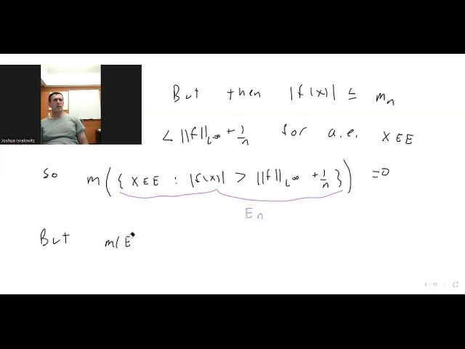So let's take the union here. Let's say E prime. Let's say this is going to be the union. So the measure of E prime equals 0.